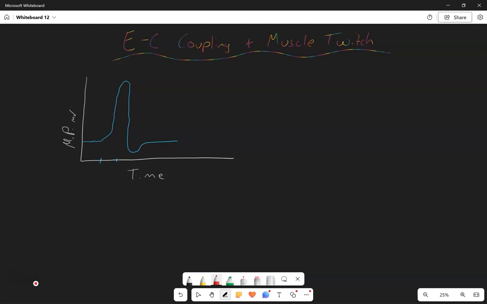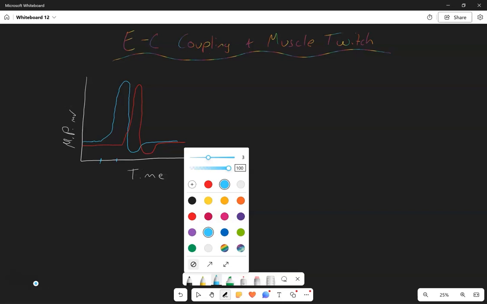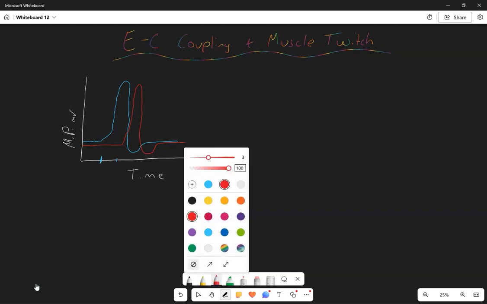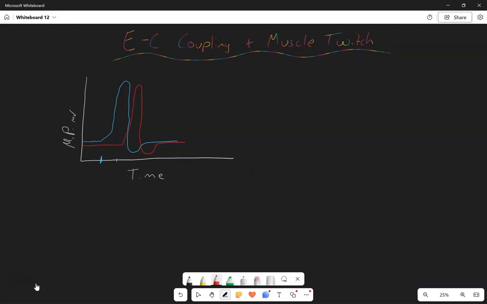So now if I graph the membrane potential of a muscle cell, it's going to look something like this. Notice that I first sent my signal here, with the signal starting in the motor neuron, generated an action potential in the motor neuron here, and then generated an action potential in my muscle cell here.